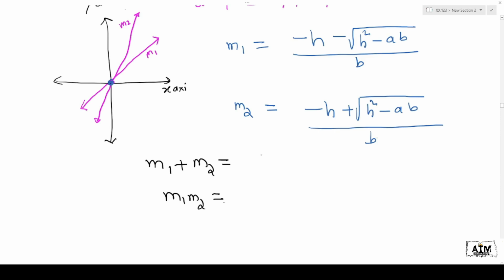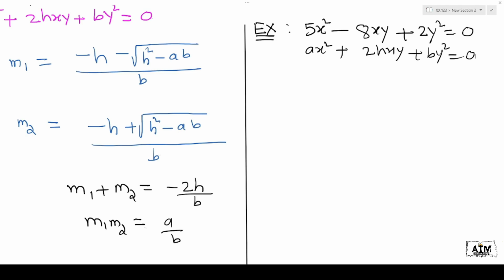The formula for the sum of the slopes m1 plus m2 is minus 2h divided by b, and the product is given by a upon b. So the sum of the slopes m1 plus m2 equals minus 2h upon b, and the product of the slopes m1 into m2 equals a upon b.